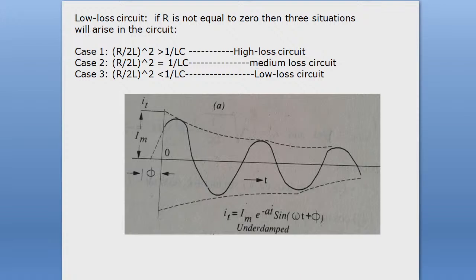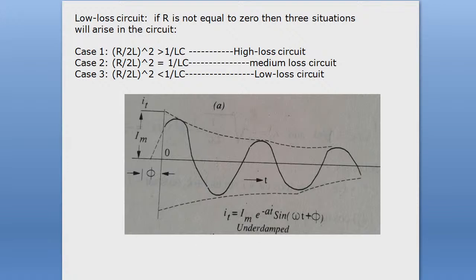The condition is (R/2L) whole square less than 1/LC, and you see the sinusoidal response decaying exponentially because of the presence of this term. If you simplify this expression by putting this condition, then you will get this expression. If you face any problem, write in your chat box.